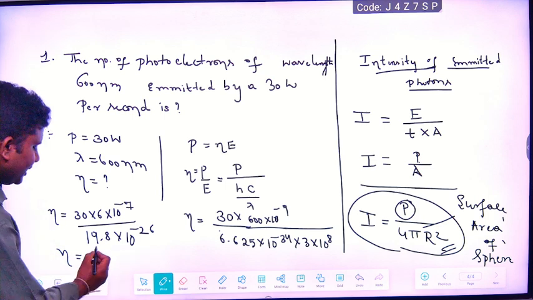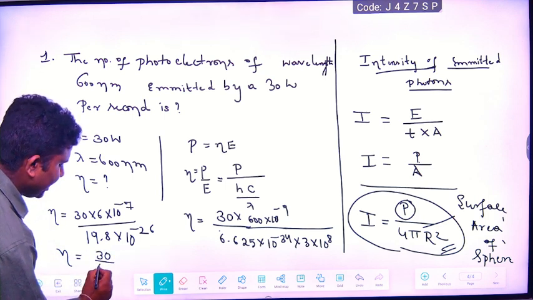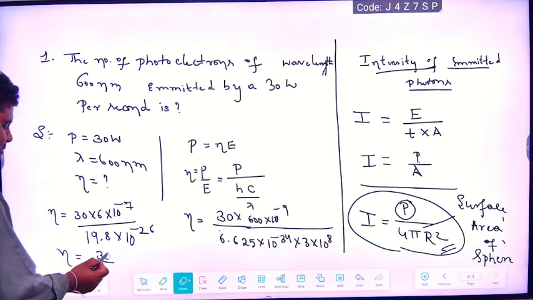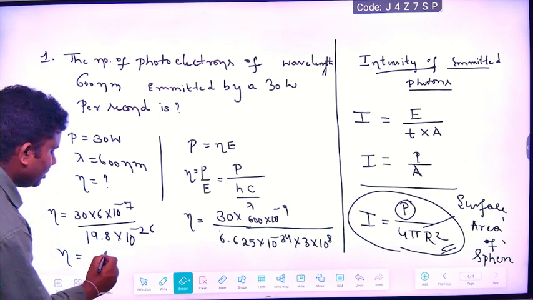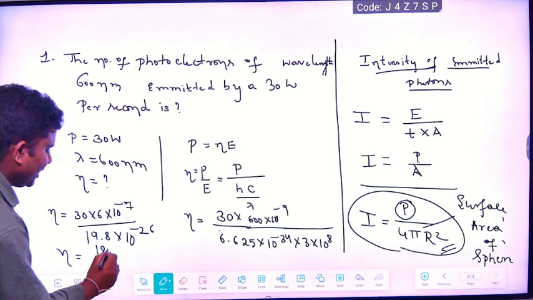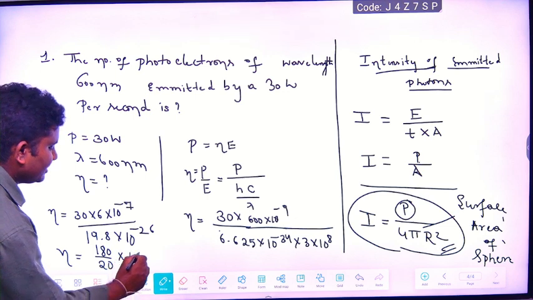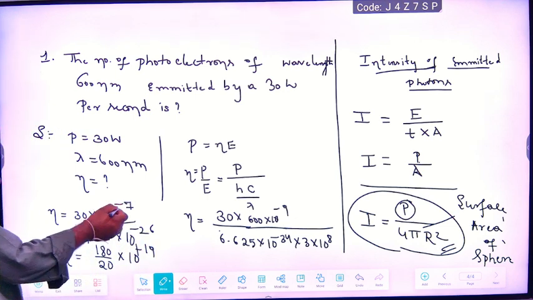But do 30 by 19.98 only, because the exact value we need. 30 into 6 is also there. 30 into 6 is how much? 180 by approximately 20 into 10 to the power of minus 19. Oh, sorry, plus 19. Minus 26 if it goes over becomes plus.